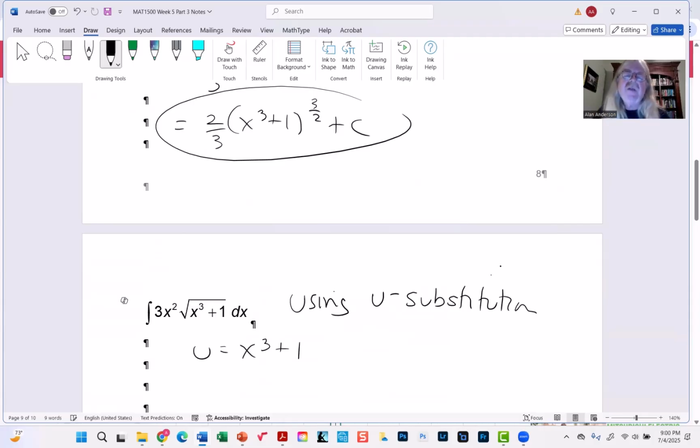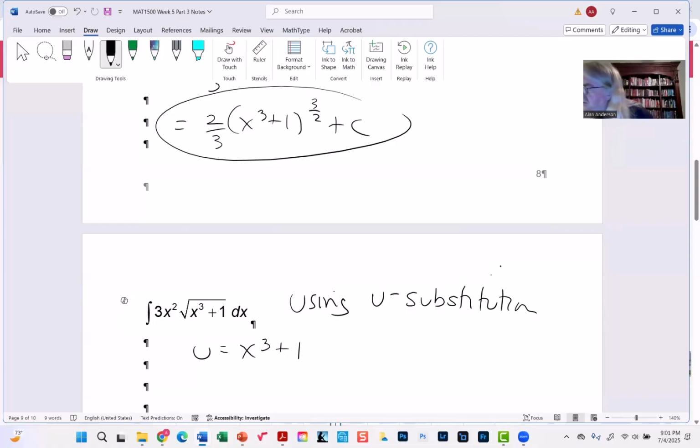So, by the way, how do you find the u? Basically, look for the most complicated part of the expression, and like if you've got x cubed plus 1, whatever the exponent is, that's the exponent you're going to get when you integrate the u. So don't let u be the square root of x cubed plus 1. Just let it be x cubed plus 1.